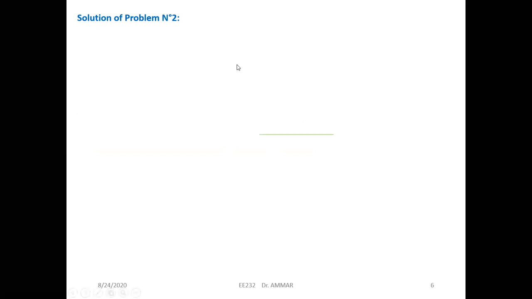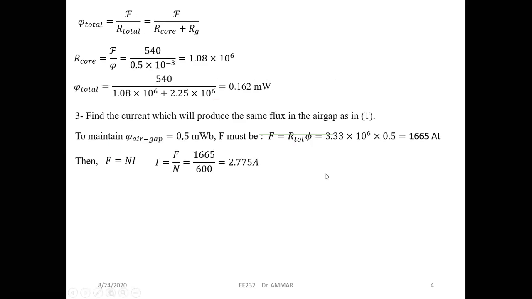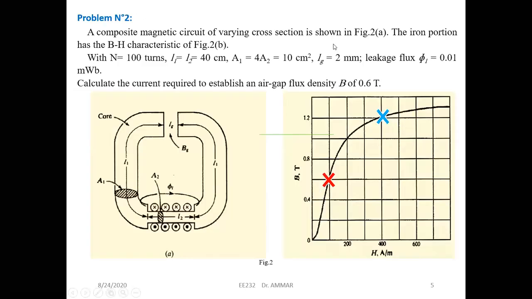Let's see the BH characteristic. So this is 0.6, almost here.